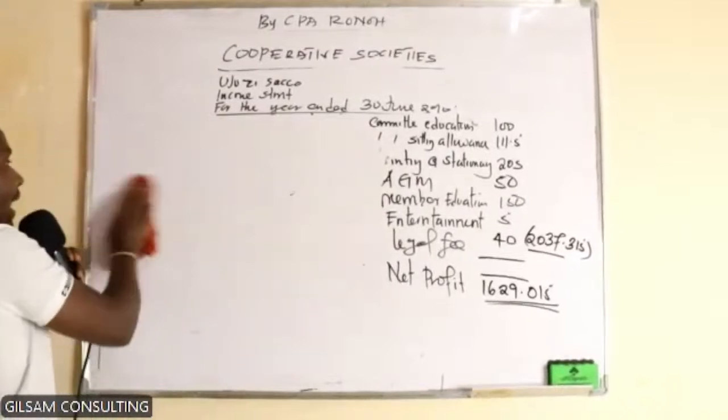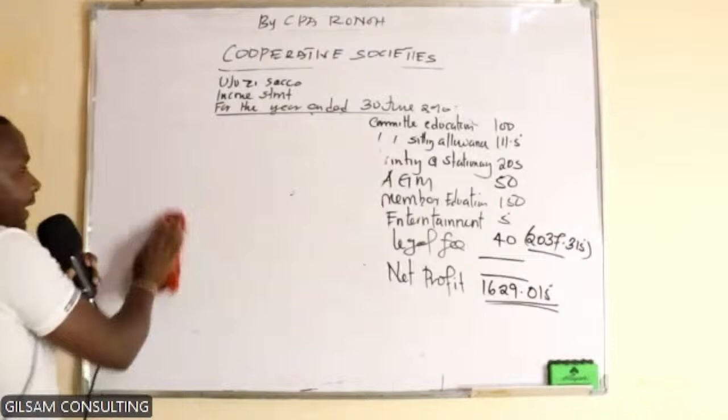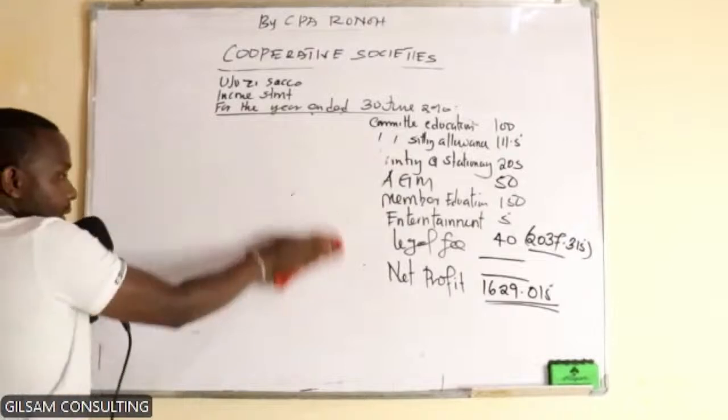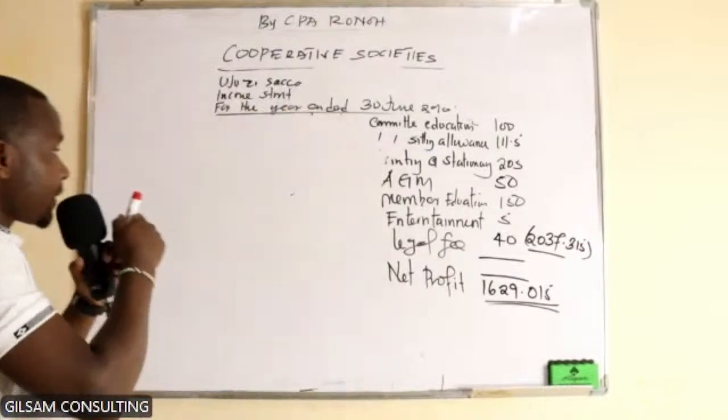Forward, we add the net profit, we less the dividend, and also we less the interest on deposit.